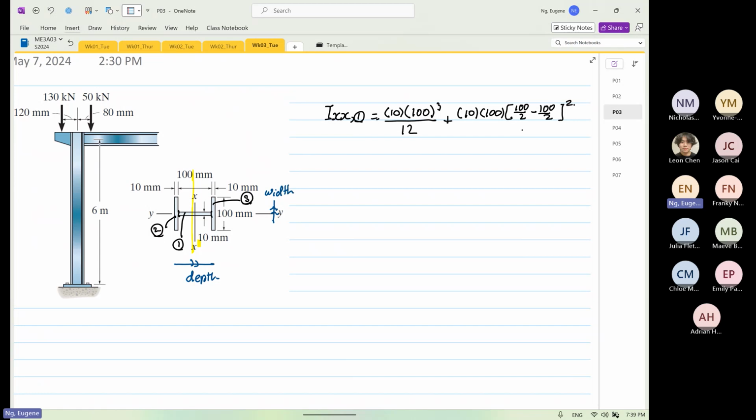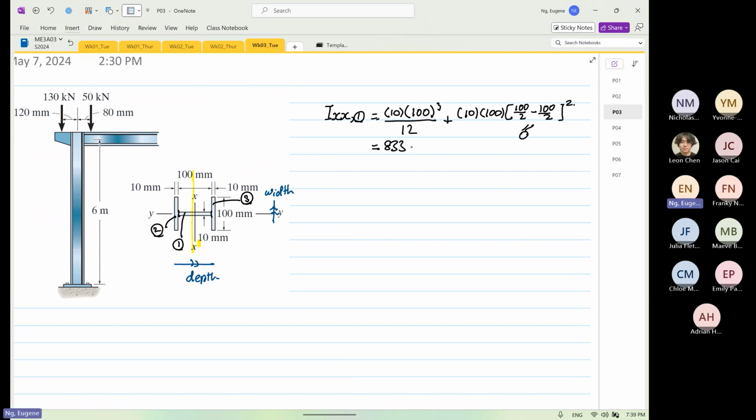So this term is as good as equal to 0. Okay, for the I-axis for the first part, because the global centroid and section 1 centroid are exactly at the same position. So 100 power 3 times 10 divided by 12 is equal to 8.833.